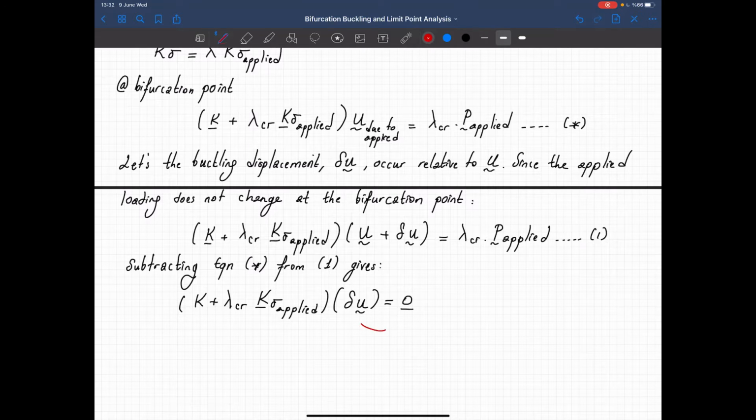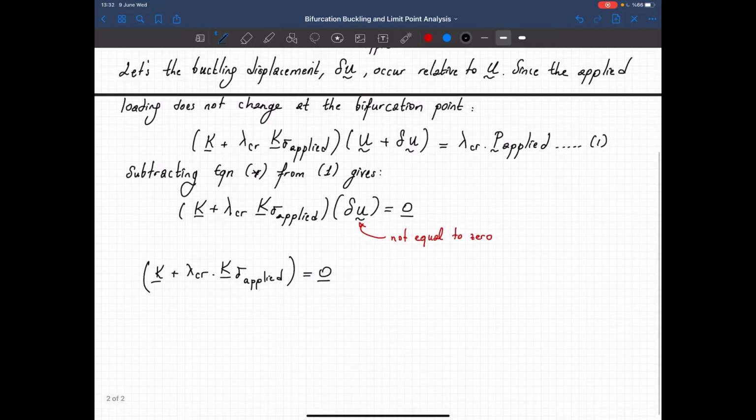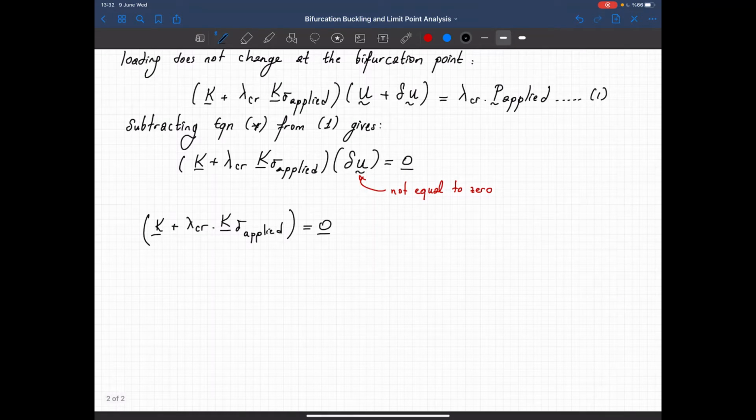So we know that the displacement is not equal to 0. Then the only possibility for this equation to hold is that K plus lambda critical times the geometric stiffness matrix, due to whatever loading we have on the system, must be equal to 0. And we know this type of problem. This is an eigenvalue problem. So we calculate the eigenvalues of this equation.